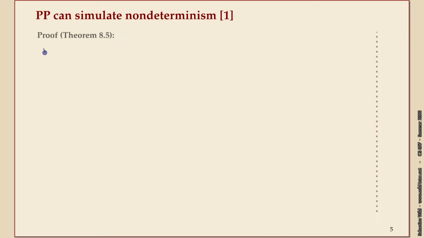First of all, the class PP certainly allows any kind of polynomial pre-processing, right? So if that somehow helps me, I can take my problem and apply a polynomial time algorithm first to that problem and then solve what comes out.